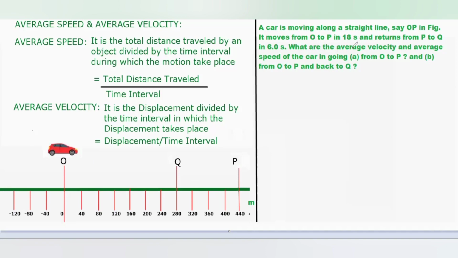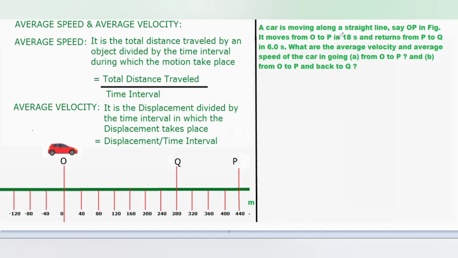What are the average velocity and average speed of the car in these two cases? When you consider the motion from O to P, and the second case from O to P and back to Q from P.